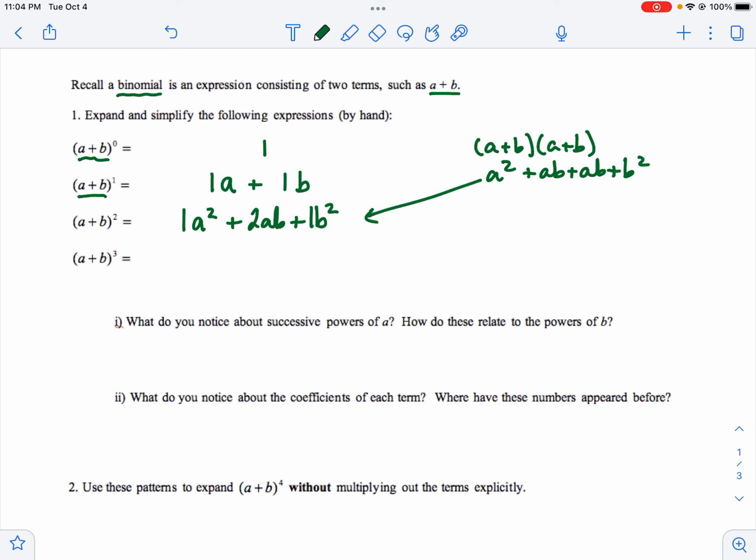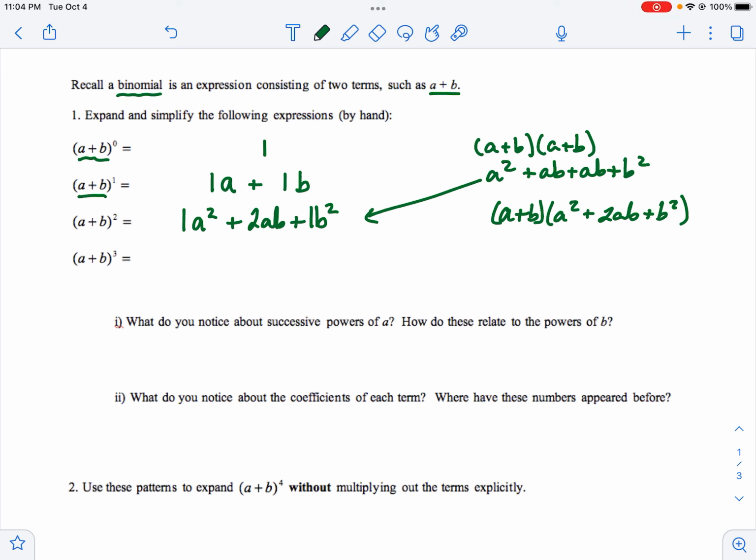And then if I wanted to cube it, that would basically mean take a plus b and multiply it by what we just got, so a squared plus 2ab plus b squared.